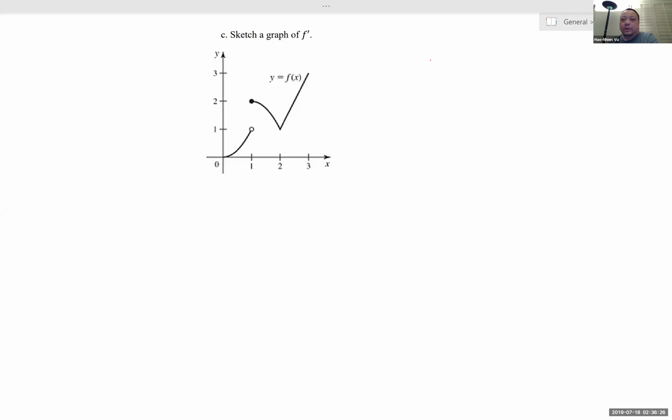All right, here we go. So here's the problem. Here's the graph of f, and we're asked to graph f prime. The key is to understand that f prime is the slope of the tangent line of f.